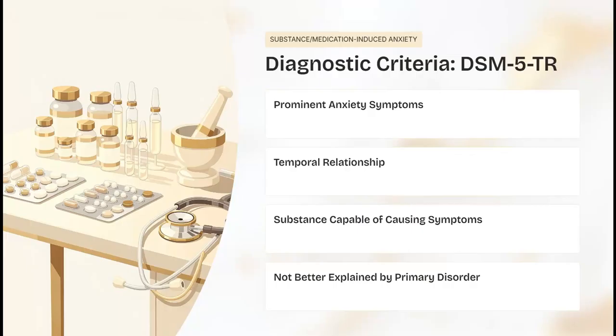The fourth criteria is that the symptoms must not be better accounted for by a primary anxiety disorder that preceded the substance use. So there is a sequence, and the history taking is very critical to making the determination if it was substance-induced or some other type of anxiety.